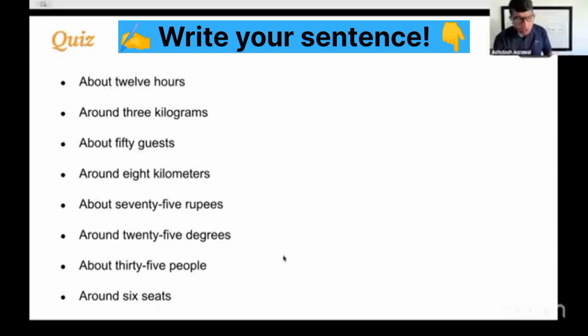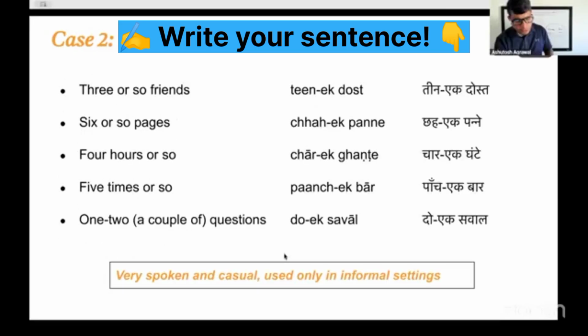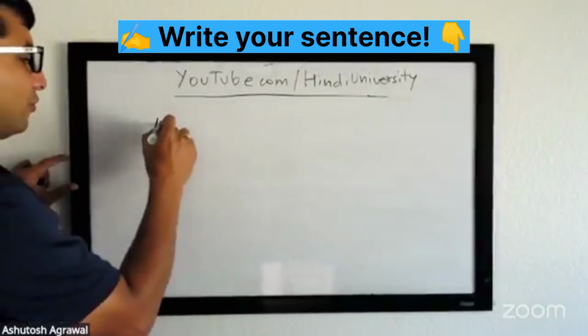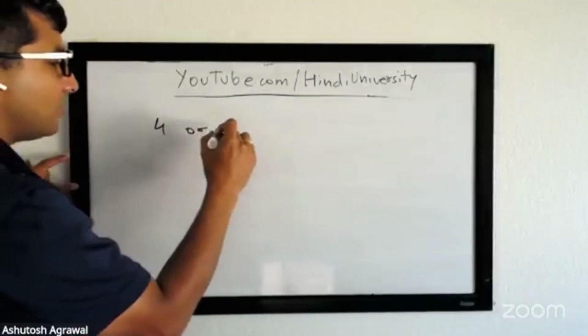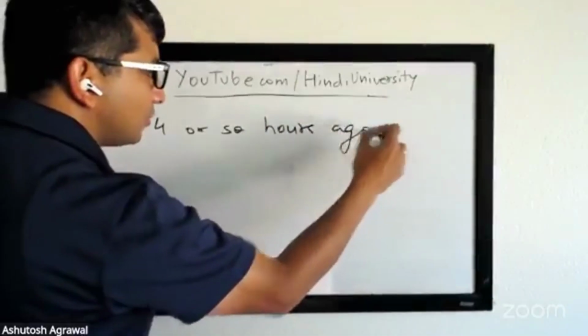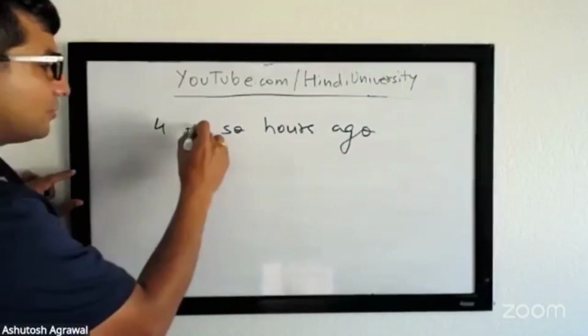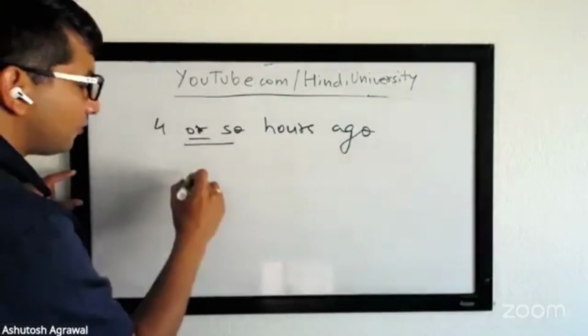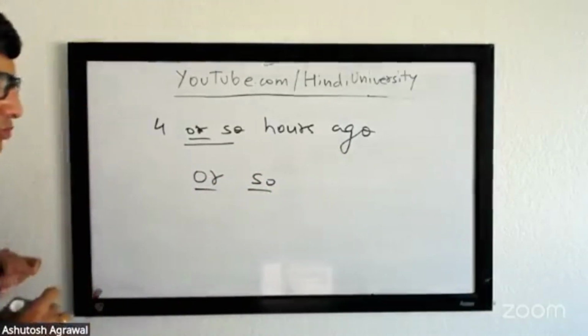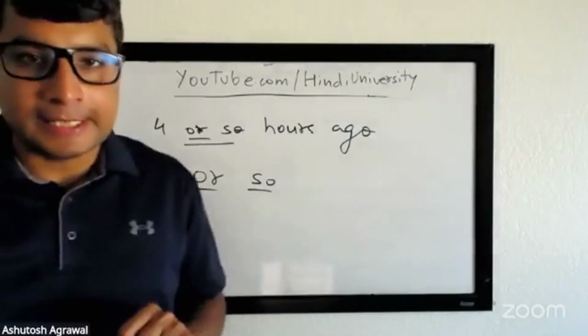Now, having gone through the basic use cases, we'll do case 2, where you want to say something not like about, you want to say 3 or so. So when you want to say like 4 or so hours ago, okay, 4 or so hours ago. So whenever you have this thing called or so, how do you say it in Hindi?